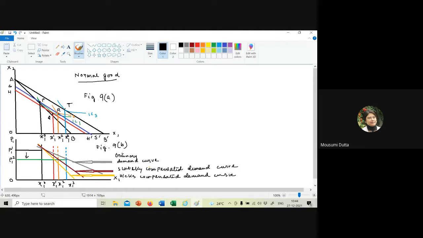The budget line H prime indicates the same initial purchasing power, but a lower relative price of x1.